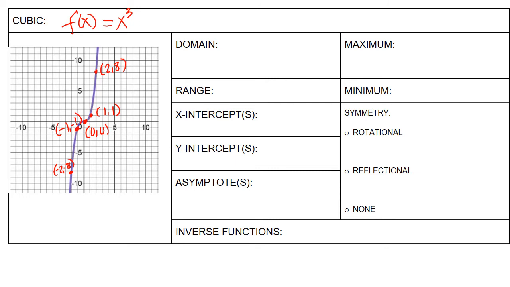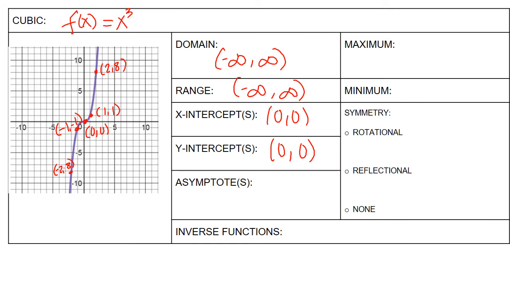Okay, the domain and the range. This graph goes on forever. So the domain and range of this graph are from -infinity to +infinity. The graph crosses through the origin. So therefore, its x and y intercept are 0, 0. There is nothing preventing it from being great. There is no maximum.